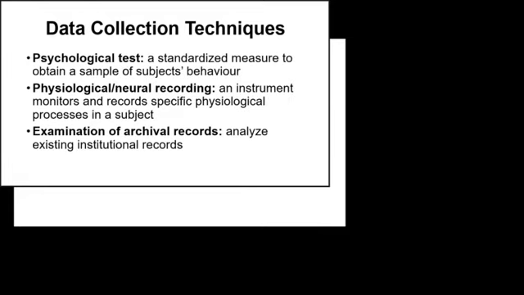We'll sometimes see psychological tests, and these are really interesting because they are specifically standardized measures that are trying to obtain a sample of the subject's behavior. So we're focusing on something where we know how people tend to score. We know what is a normal behavior to observe, and so we can conduct this test and compare a new group to what we know about our population as a whole.